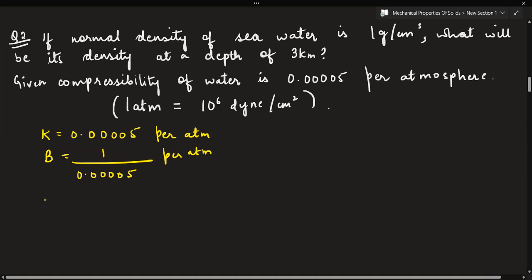So this is 1 by 0.0005. On solving this, we will get 2 into 10 to the power 4 ATM. Is this much portion clear?